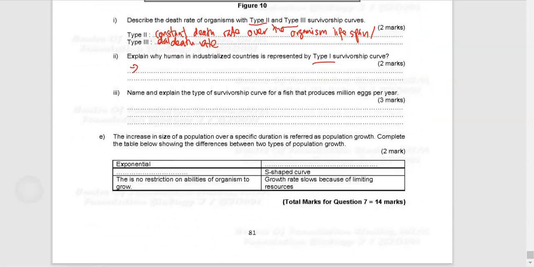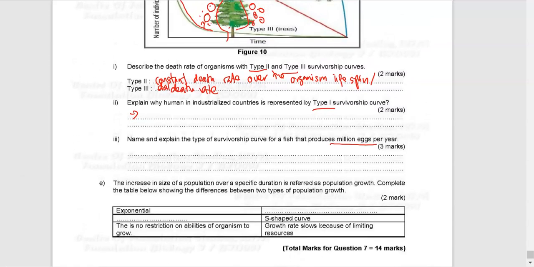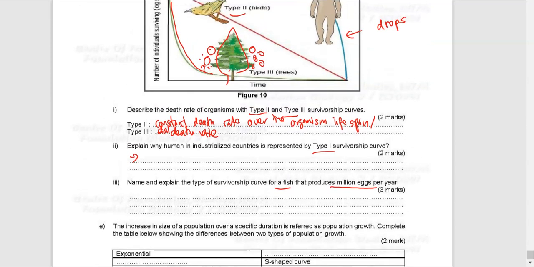Name and explain the type of survivorship curve for a fish that produce millions of eggs per year. Okay, millions of eggs per year. So if you look at this question, you will understand that for a fish, when it can produce millions of fish, it is the same as this tree.